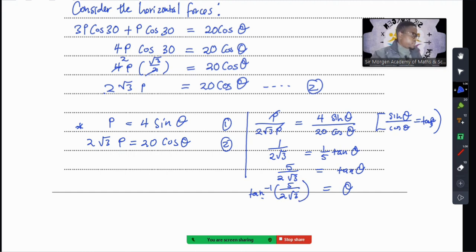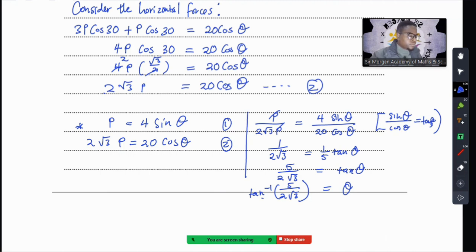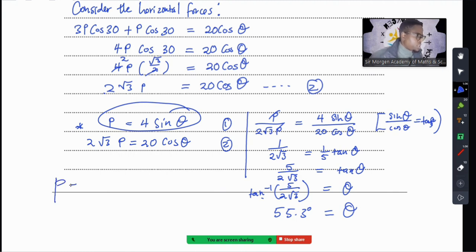Let's deal with that to see what value of theta we get there. So arctan of 5 over 2 root 3. This gives us what? Right, I'm getting 55.3 degrees, correct to 1 decimal place, equals theta. And now if you go back to this equation, we can find the value of p, right?